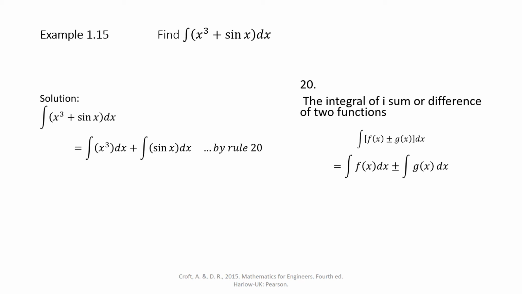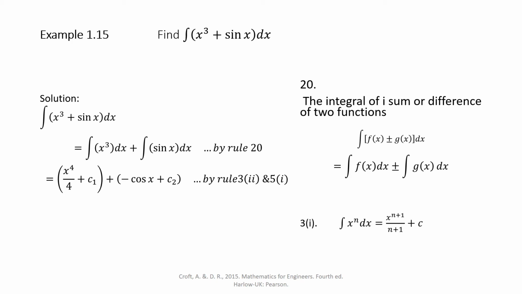Okay, so two separate integrals now with plus. Rule 20 is used. Integrating the first term with the help of rule 3-1, actually this is not 2, 3-1, and the sine x integral will be minus cosine x, and in both the cases the constant of integration will be produced.